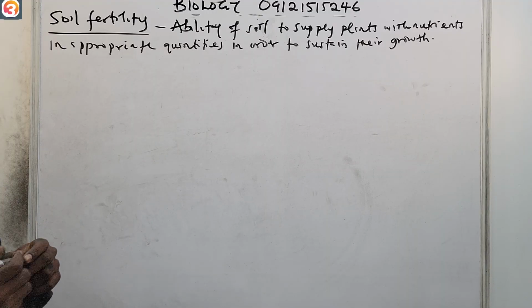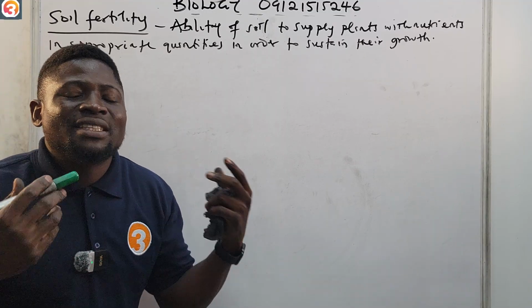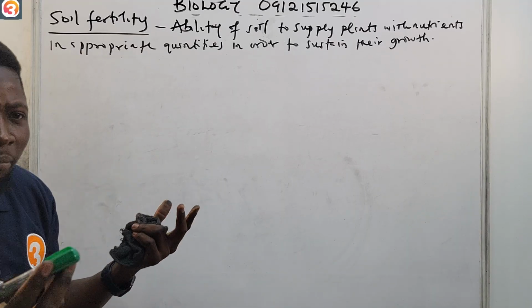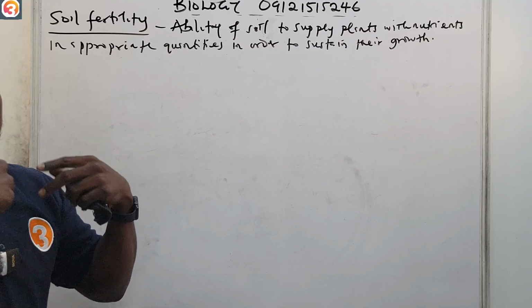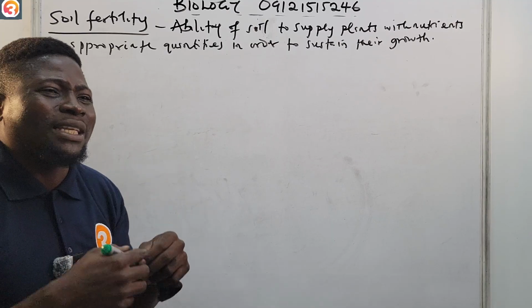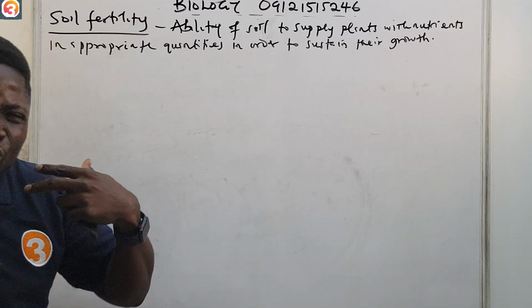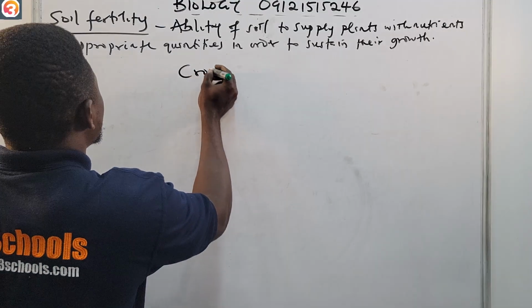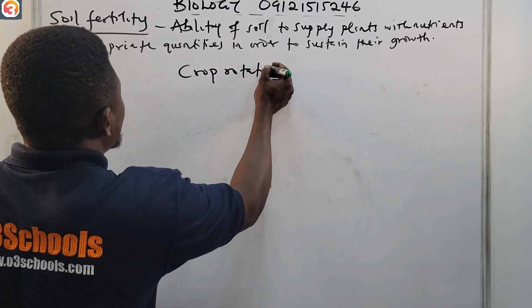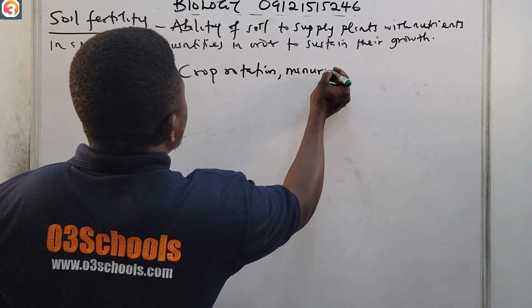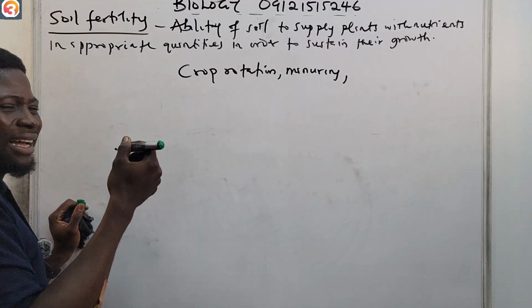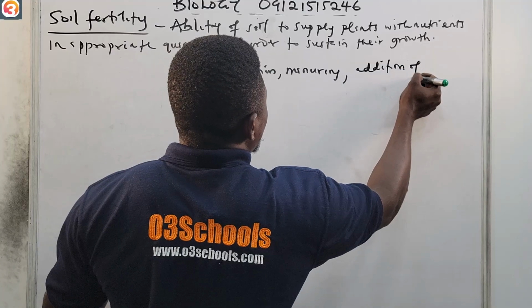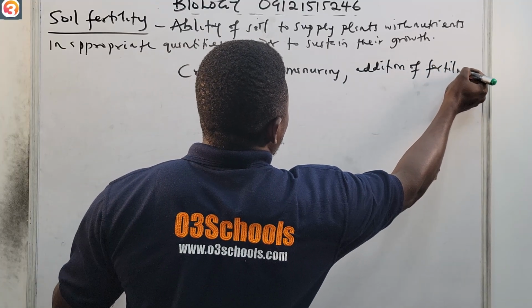So how can we sustain soil fertility? By manuring and crop rotation. These are practices that help us to sustain soil fertility. Among them we have crop rotation, manuring, and, apart from manuring, the addition of fertilizer.